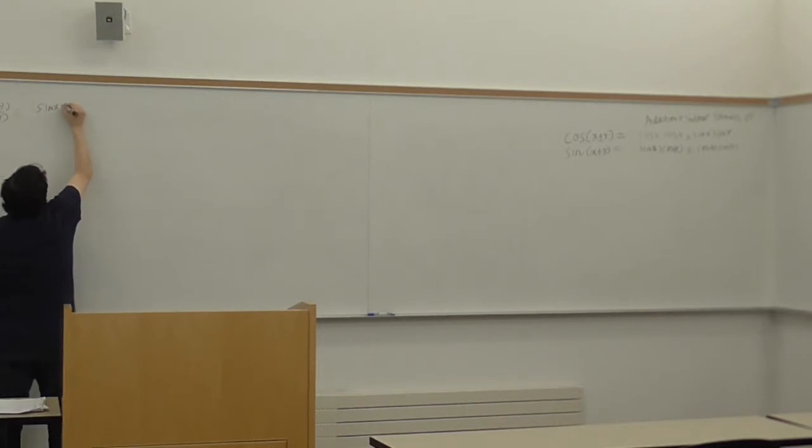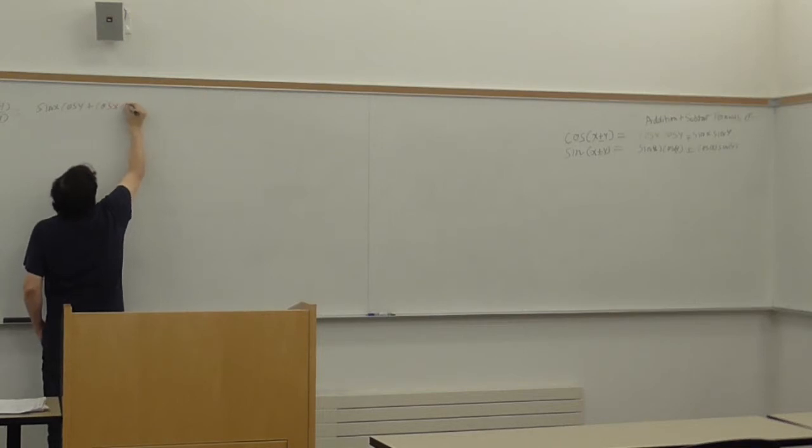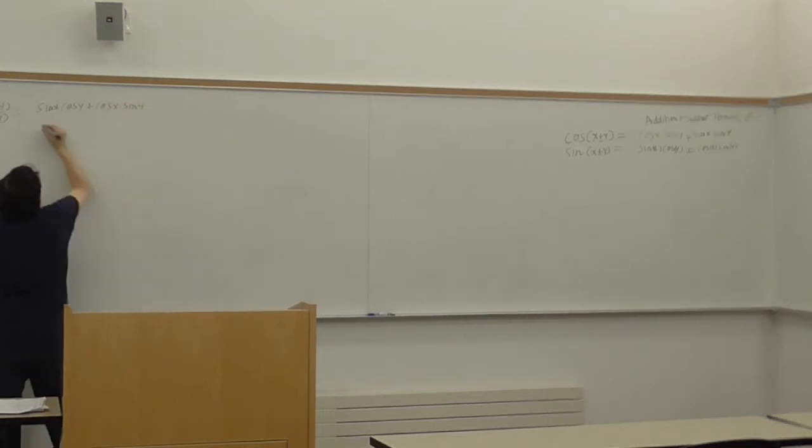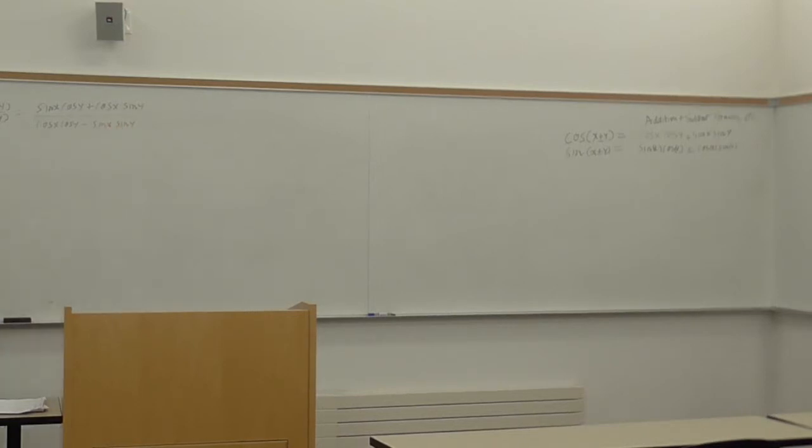Sine of x cosine y plus cosine x sine y, over cosine x cosine y minus sine x sine y. Well, it's a formula that's not the most elegant, but we might be able to improve on this a little bit.